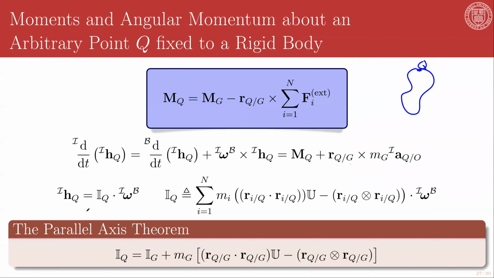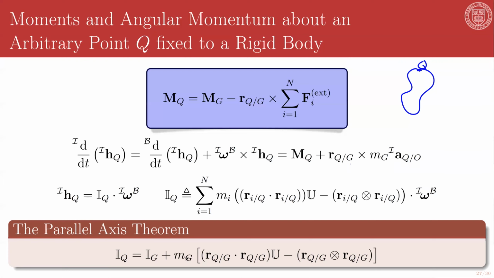I can evaluate H sub Q, again, just the same way that I defined H sub G by finding the moment of inertia about Q and then dotting it into the angular velocity of B and I. And to get this, assuming I already have my moment of inertia about G, I can apply the parallel axis theorem. And so this tells me that I about Q is going to be the same thing as I about G plus this correction term that is a function of the offset between Q and G and the total mass of the body.